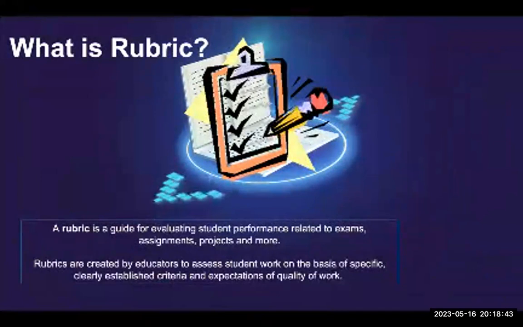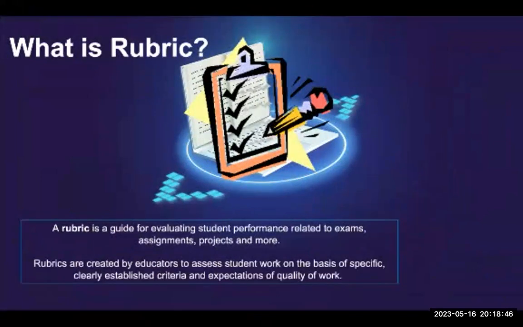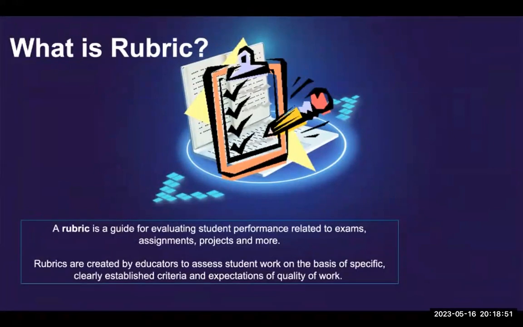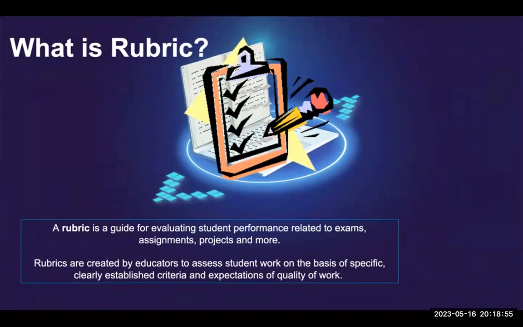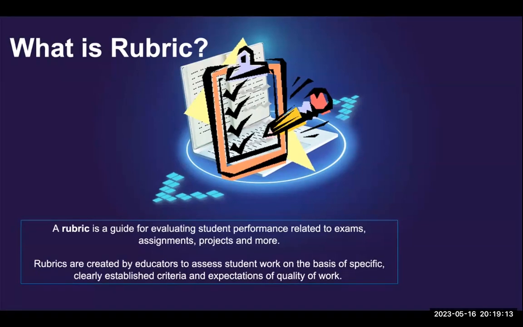First, we need to develop an understanding of what a rubric basically is. Rubrics can help ensure consistent and impartial grading and help students focus on expectations. A rubric is a guide for evaluating students' performance related to exams, assignments, projects, and many more things. Rubrics are created by teachers to assess students' work on the basis of specific, clearly established criteria and expectations of quality of work.